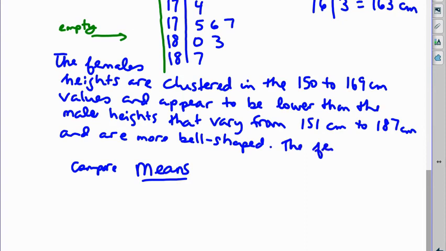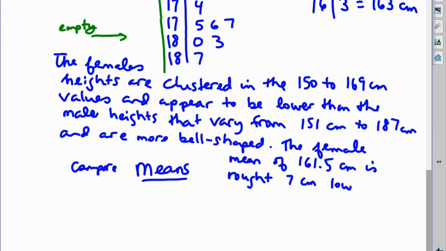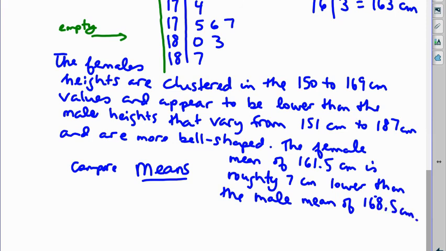The female mean of 161.5 centimeters is roughly 7 centimeters lower than the male mean of 168.5 centimeters. So with words of comparison, you give the number that you have and the number you're comparing to.